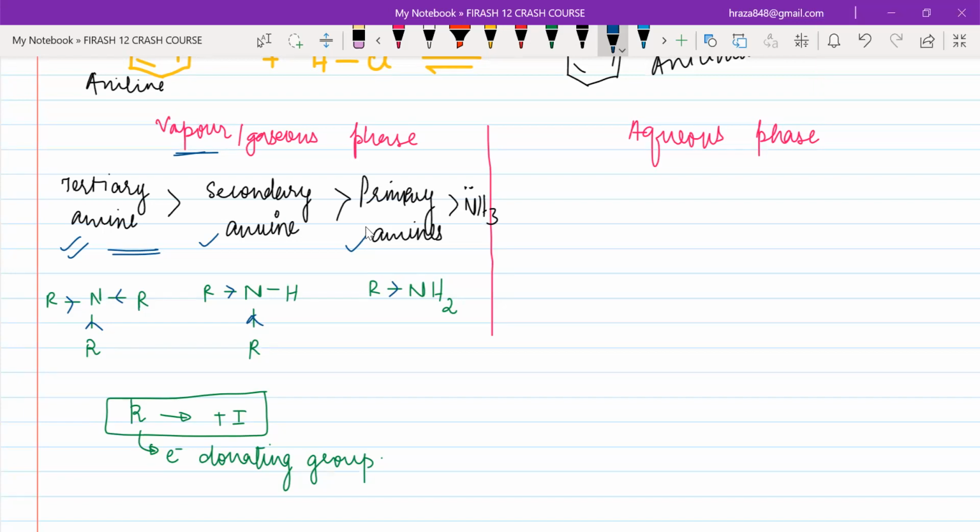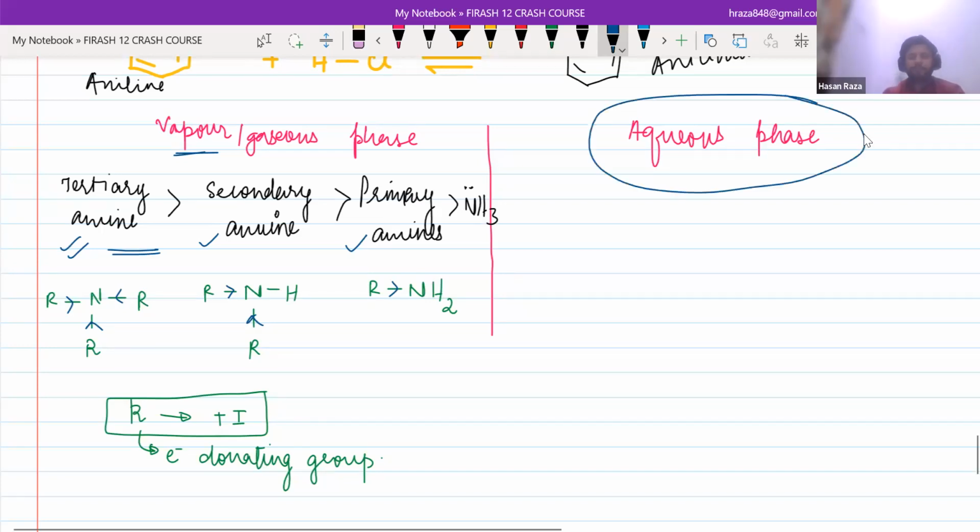Yes, sir. But in aqueous phase, we expect the same order, but it doesn't take place. The same order will not be there. It depends upon the alkyl group which nitrogen is connected with, because there will be other factors that will come into play, like solvation, like steric hindrance.